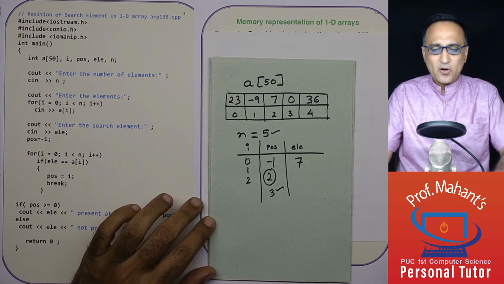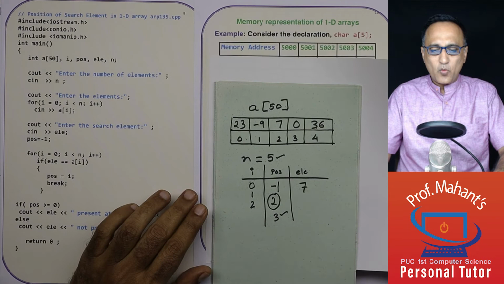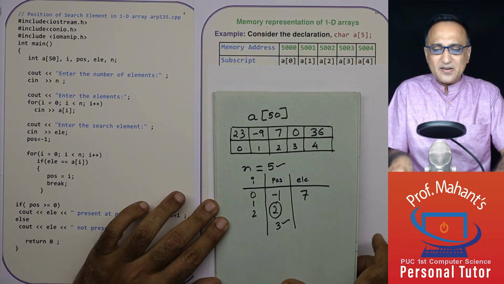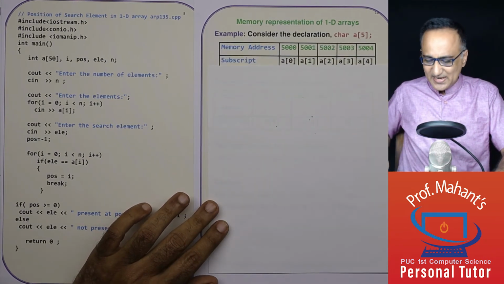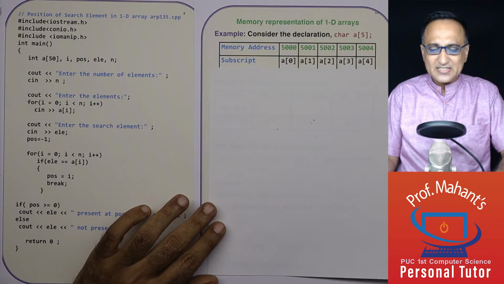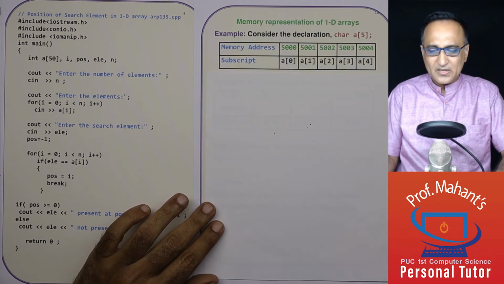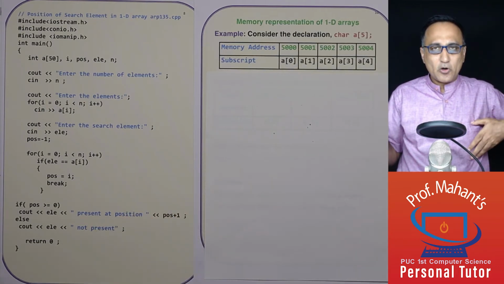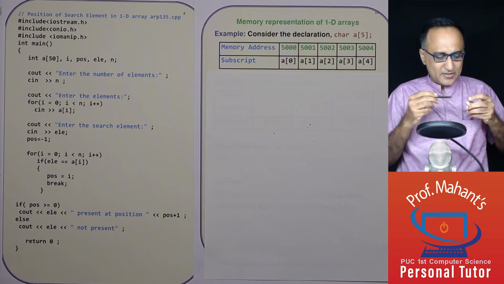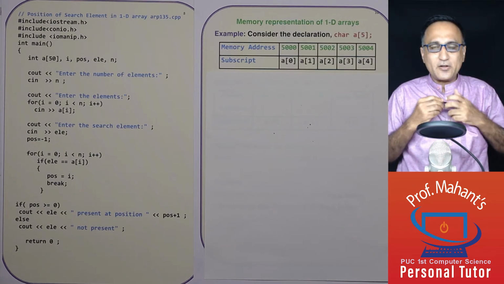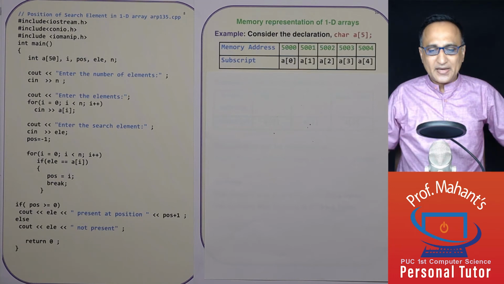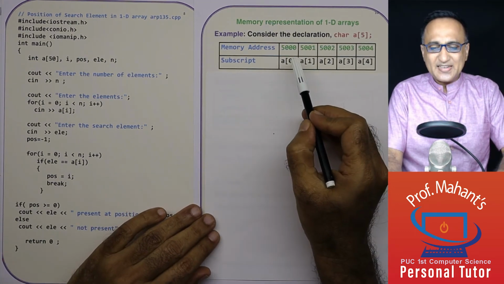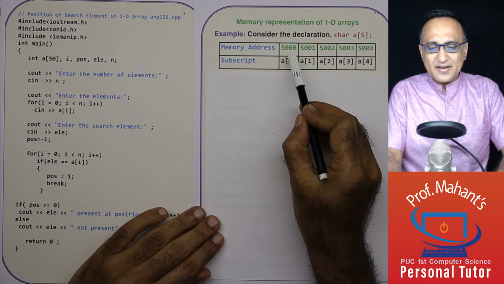All right. Now let's look at how an array is represented in main memory. Let us say I declare an array of characters A of 5. By now you should be aware, an array of characters occupies 1 byte per character. So let us say the array starts storing from address 5000.